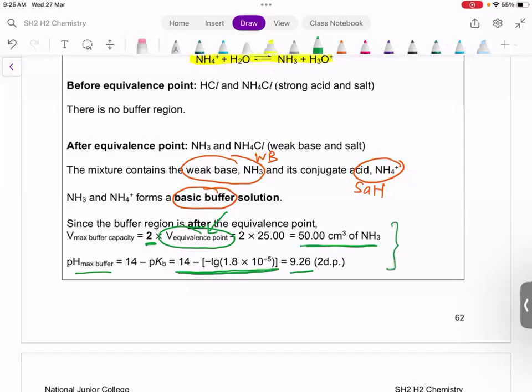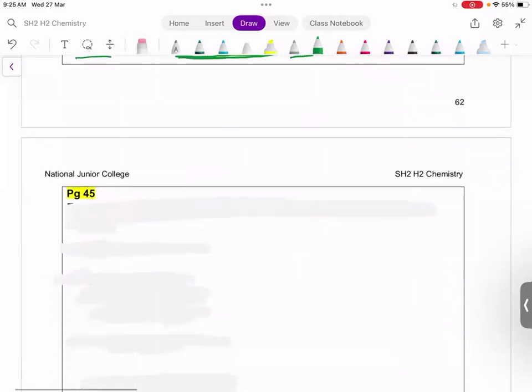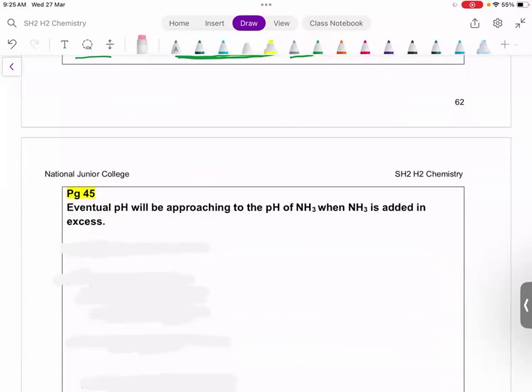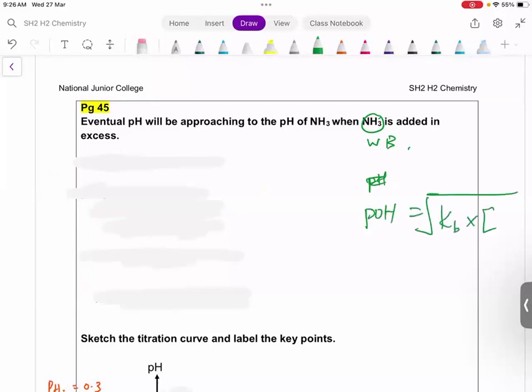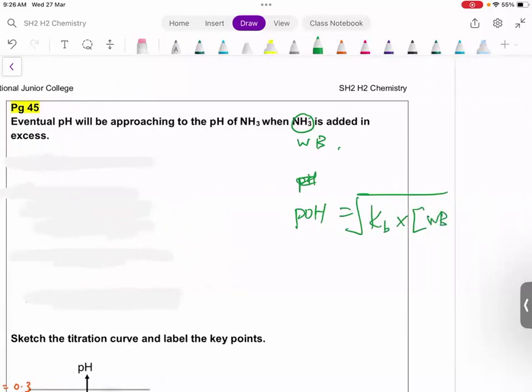So any question to ask me about this part? Comfortable with this? Okay, so the next part is where you have excess of the weak base added. So remember, this is a weak base. So when you calculate the pOH, you have to use this expression, Kb times concentration of your weak base.